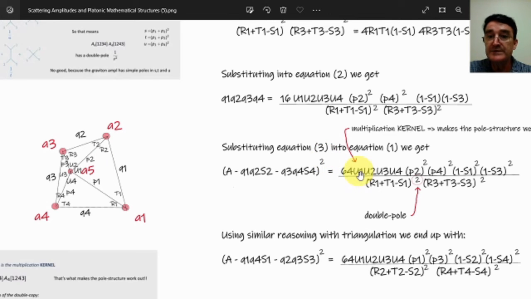So U1 becomes 0, and we have this 0 canceling one of these poles. We had a double pole here, leaving a single pole in the denominator. So this U1 is called a multiplication kernel, and it makes the pole structure work out for scattering amplitudes.